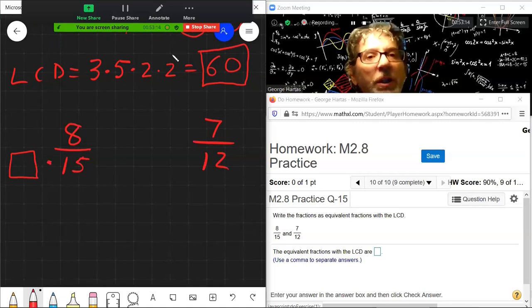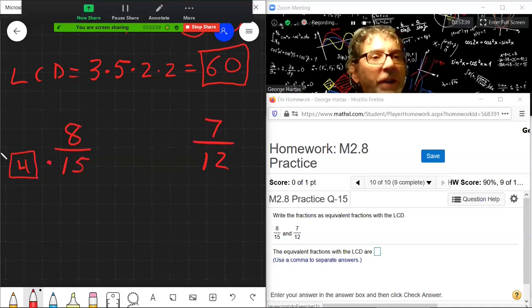And you can use this to help you out. Because look, here's your 15 here, right? So what number times this? Well, 4. 4, see that? 4 times 15 is 60. Because we want to make the denominator become 60. Here and here. And we'll get to here in a minute.